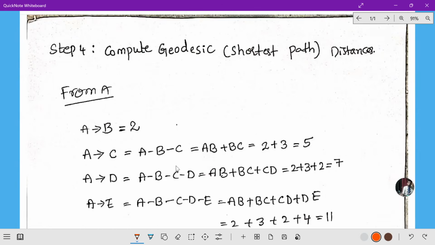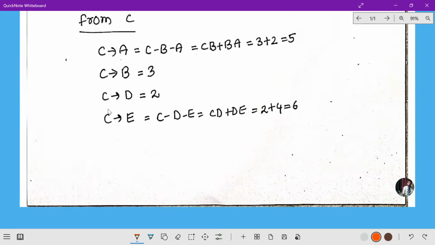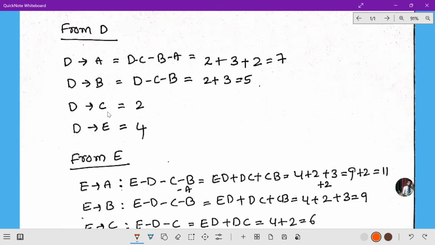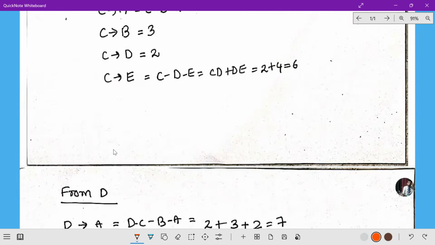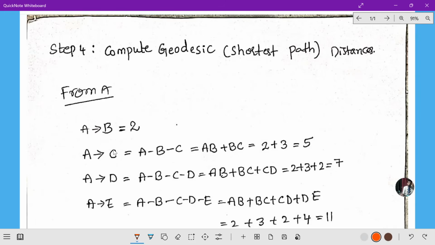So now we will find the value of geodesic shortest path. So we will find out the value from path A, path B, path C and path D, and even path E we need to find out. So how to find out these values?